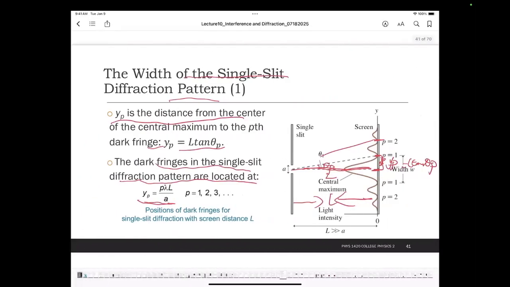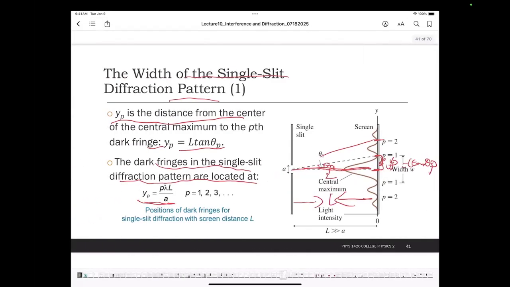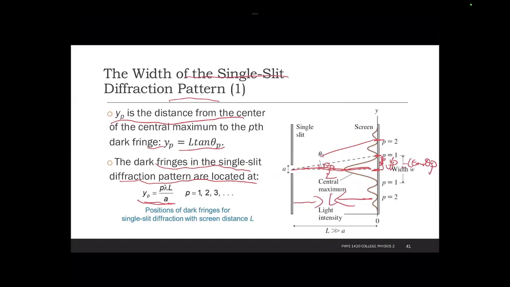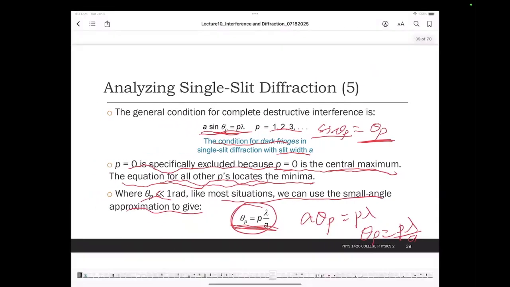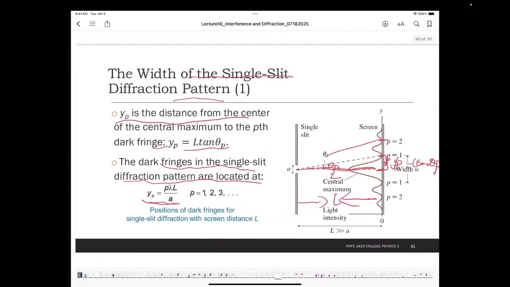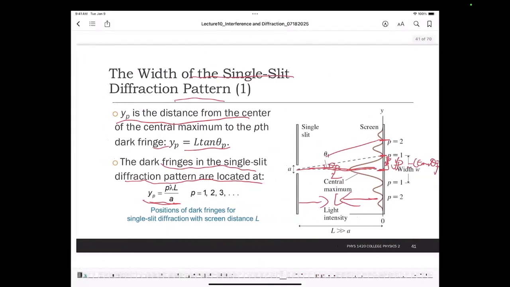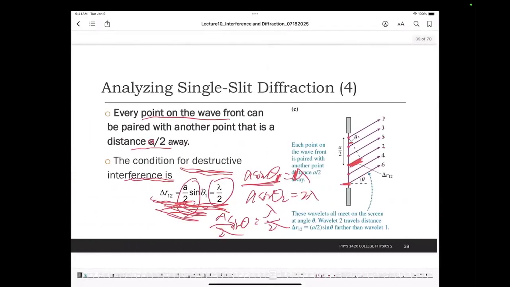And here we can also use the small angle approximation, so tangent theta equals theta. Tangent theta p equals theta p, which means it equals L theta p. And theta p is what we have already talked about here.